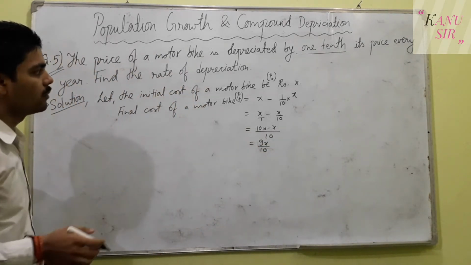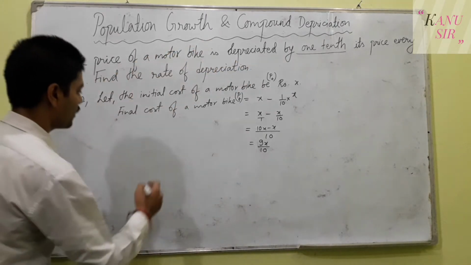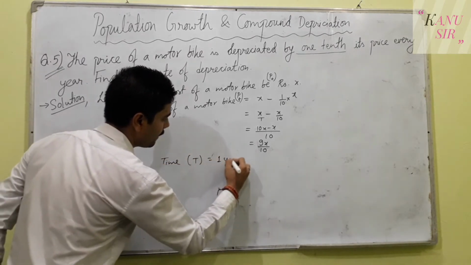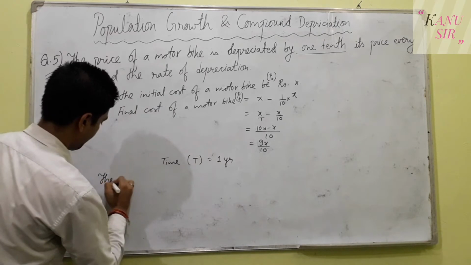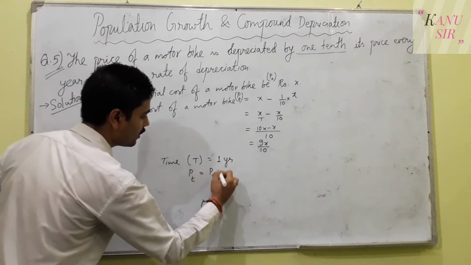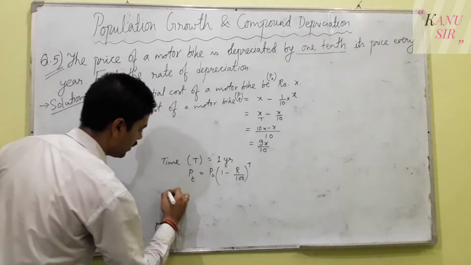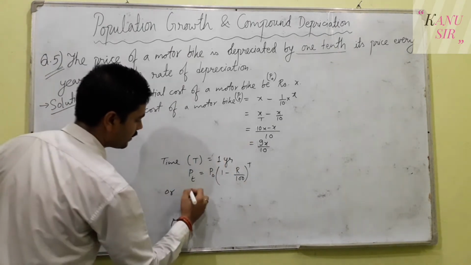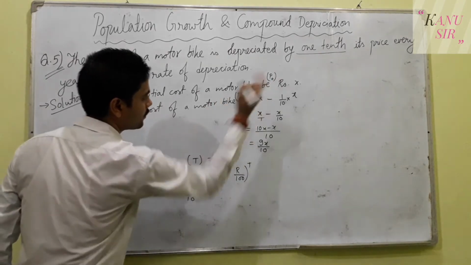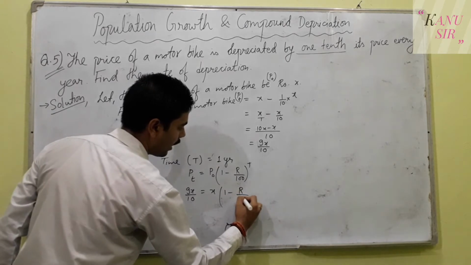Now we can use the formula. It happens every year, so you can write time t is equal to 1 year. Then PT is equal to initial cost times (1 minus r upon 100) to the power t, so 9x upon 10 is equal to x times (1 minus the unknown rate), with time 1.